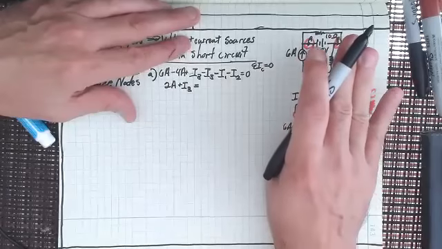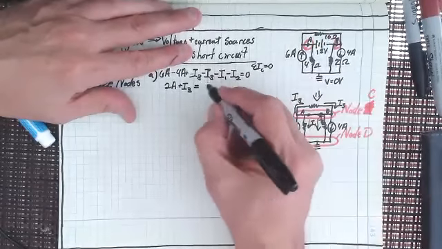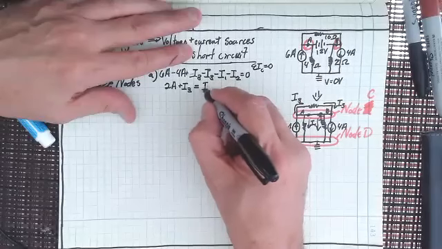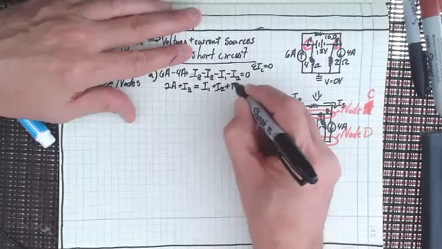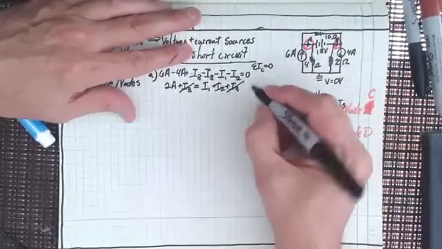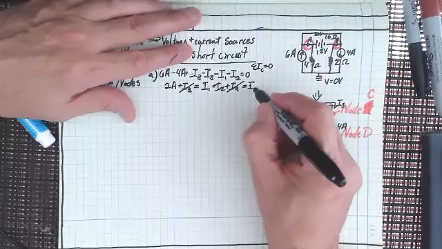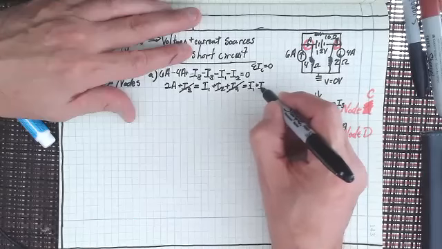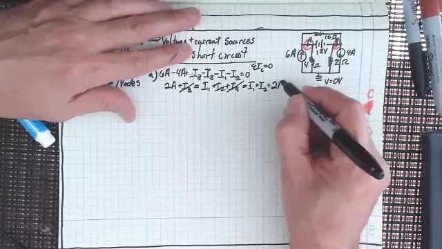I'm going to do that in the next step. But first I'm going to take these minuses and put them over on the other side. So I've got I1 plus I2 plus I3. Now I3 can cancel out on both sides. What this ends up giving us is that I1 plus I2 equals 2 amps.